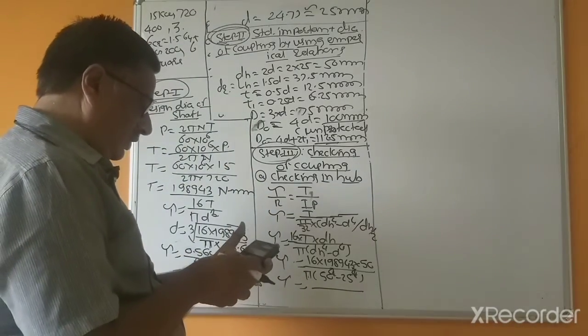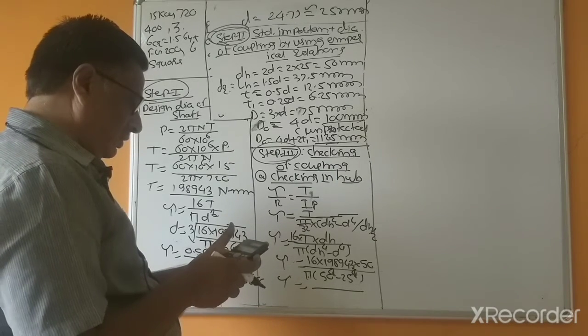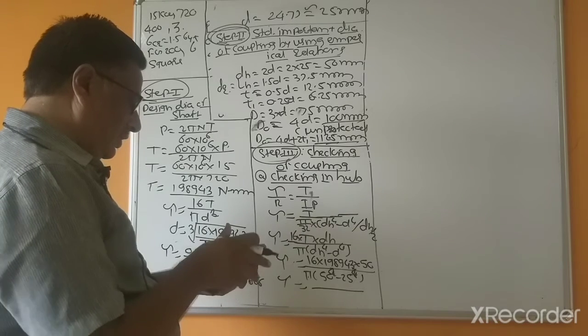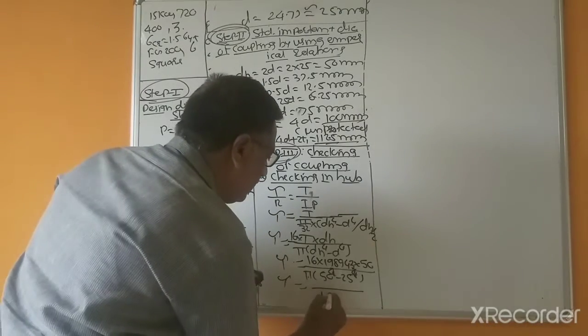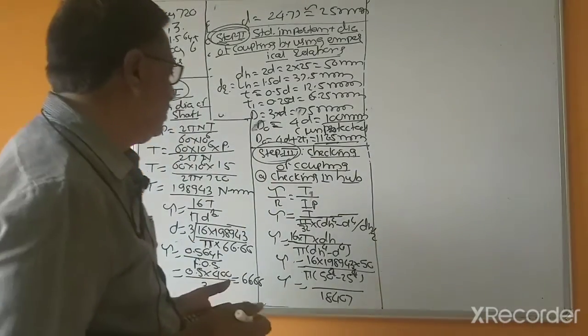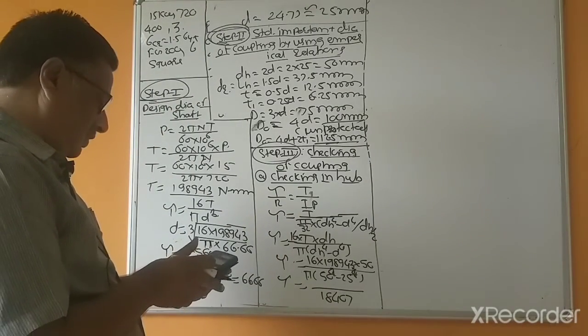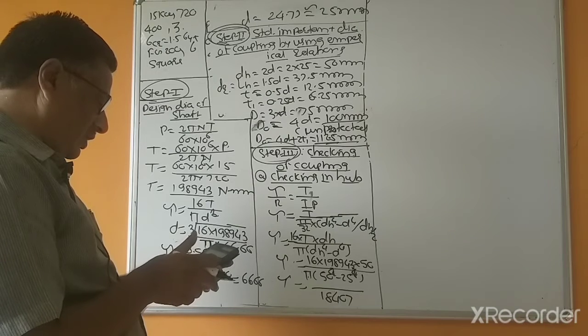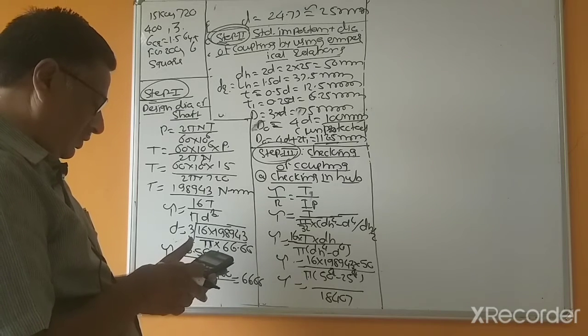Otherwise this is 50 minus 25 multiplied by pi. This is 18407. Now 16 into 198943 multiplied by 50 divided by 18407.